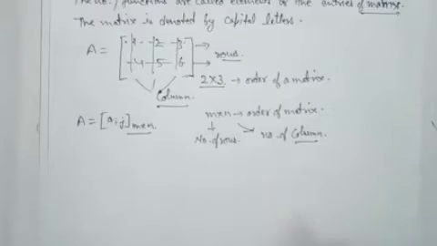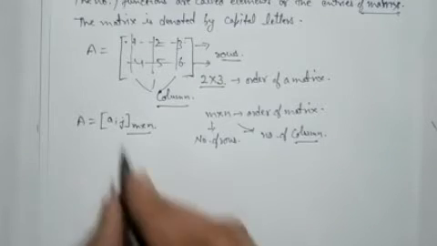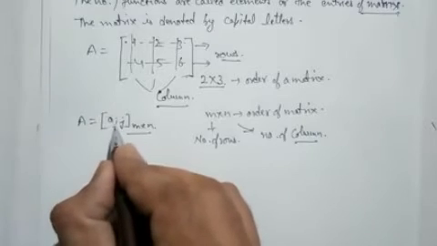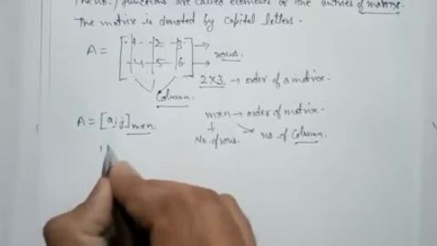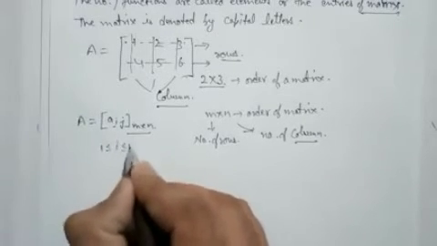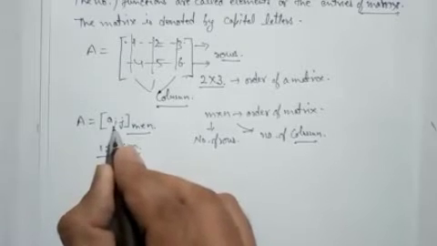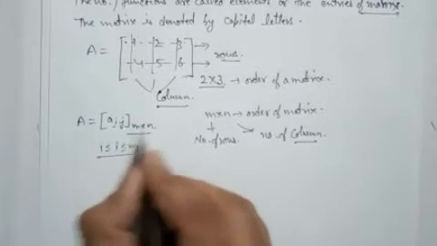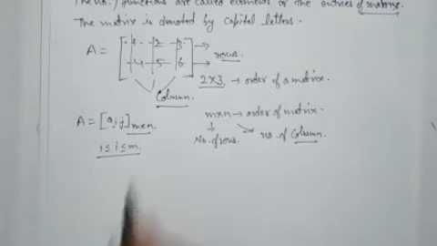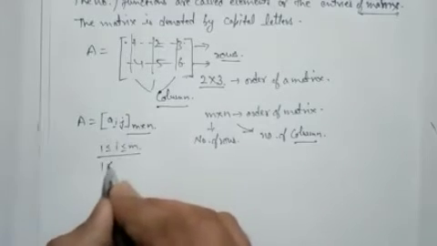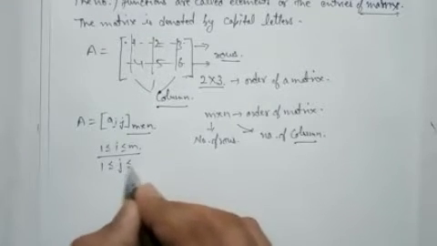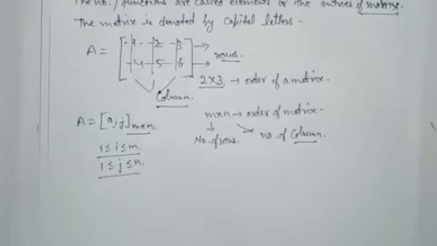Clear? First represents rows and second represents columns. In Aij, the value of i is 1 less than or equal to i less than or equal to m, meaning i varies according to rows, and j varies according to columns. Clear?